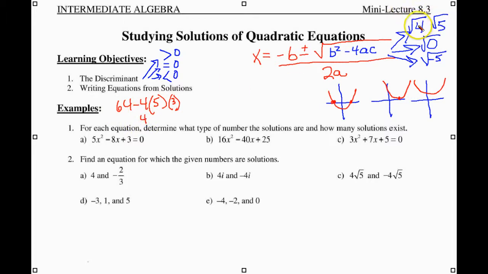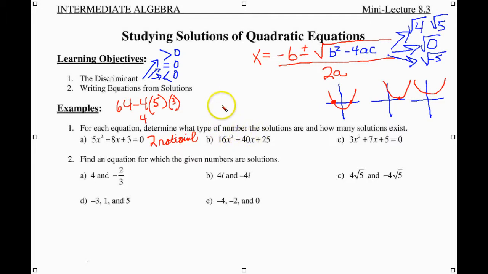So we actually get the square root of 4. It's going to be 2 rational number solutions because 4 is a perfect square, and as we mentioned, if it is a perfect square, they're rational numbers. If this ended up being a 5, there would be 2 irrational solutions. Real numbers, but irrational.